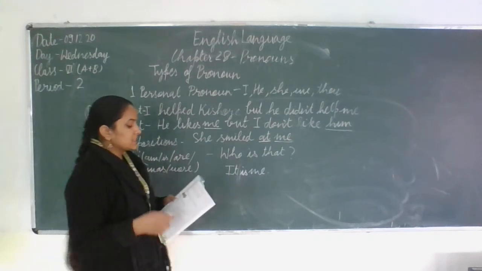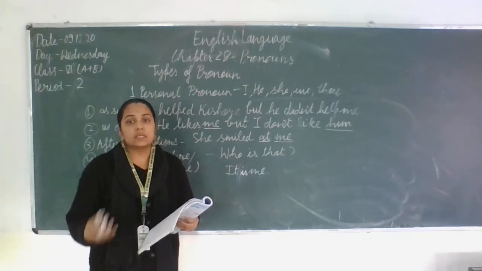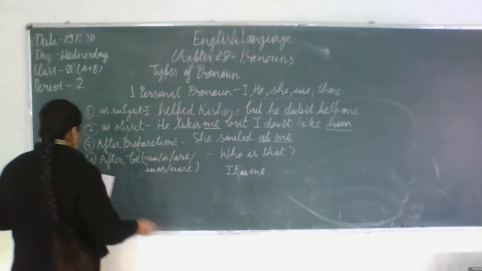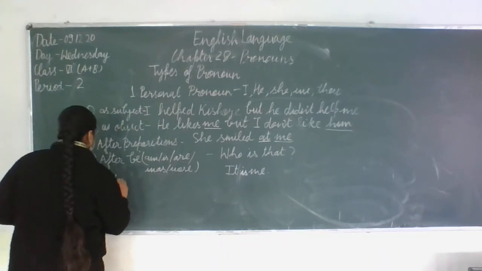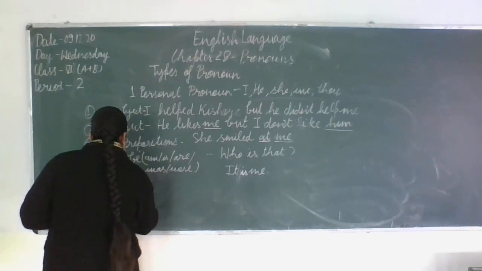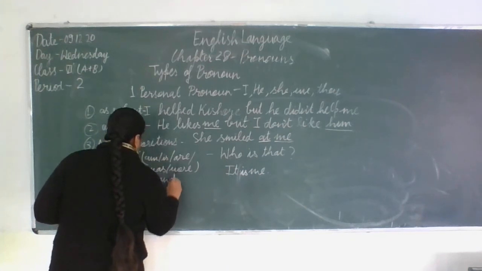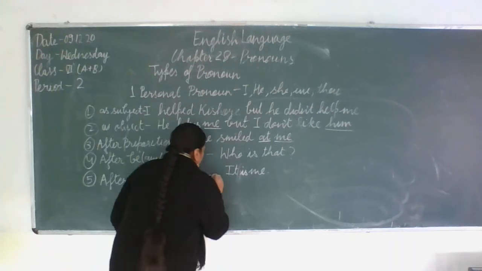Now, object pronouns can also be used after than and as in comparison. The one more use is after than and as. How can we use them after than and as?